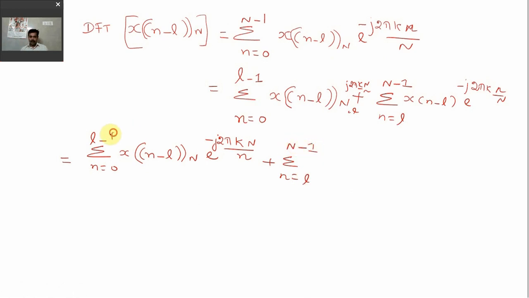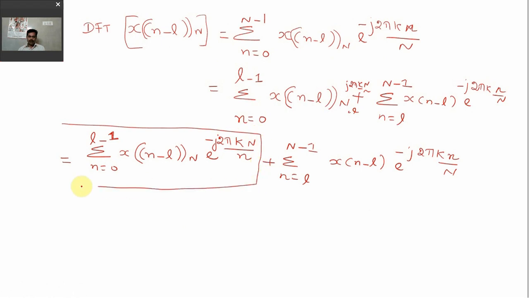Wherever you are putting n, you put l like this, because you will be confused between L and 1. So x of n minus L into e to the power minus j 2 pi k n divided by N. First you take the first part. Now we are going to take the first part.